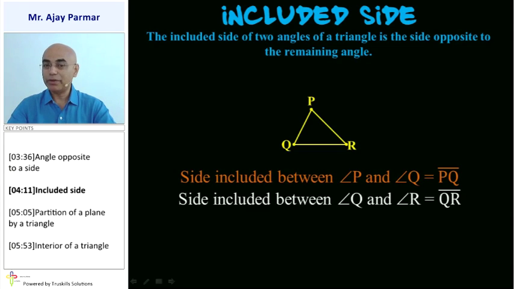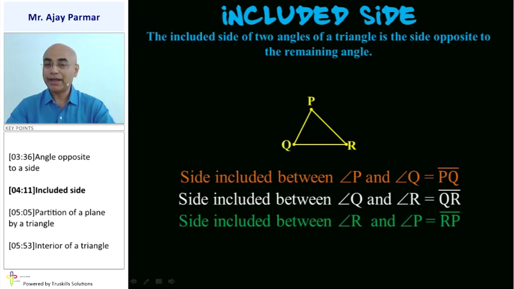The side included between angle Q and angle R is line segment QR. Whereas the side included between angle R and angle P is line segment RP. So in order to write down this type of answers, you just have to bring down those names together. That is, between angle P and angle Q, line segment PQ, that way. So these things you need to remember, especially from an MCQ point of view.